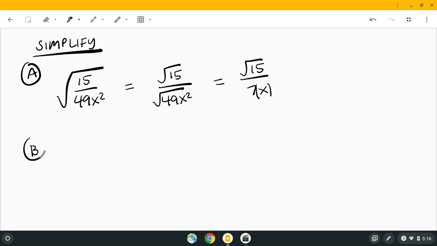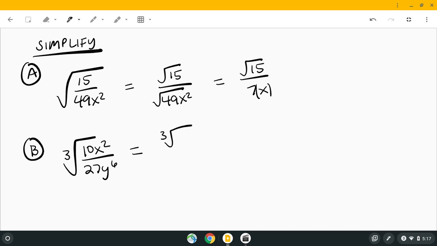Okay, let's take a look at this next one, cube root of 10x squared over 27y to the 6th. Okay, again, when they're together like this, I can't simplify them.